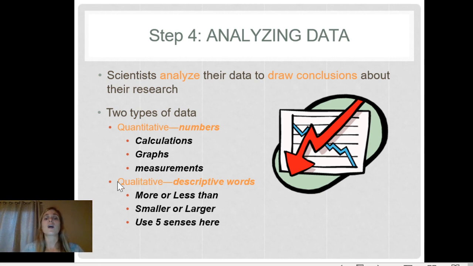When you were looking at the other type of data, qualitative, that's descriptive words. So you're talking more of like describing what the particular thing looks like, smells like, feels like, tastes like. Things like shiny, large, small. What you can view or sense with your senses, that's qualitative data that you'd be collecting.